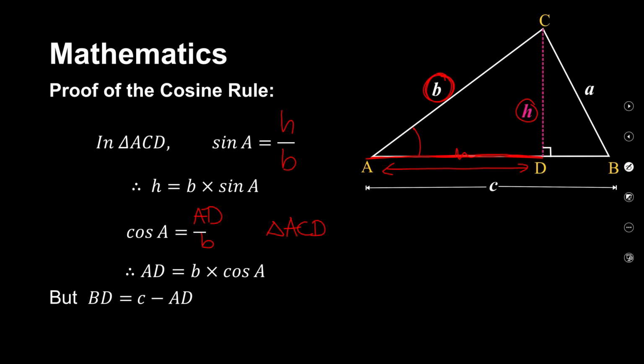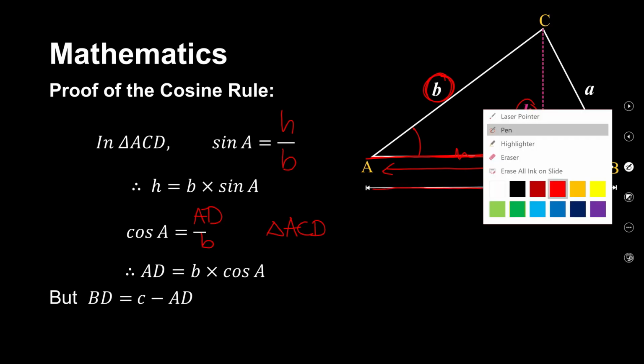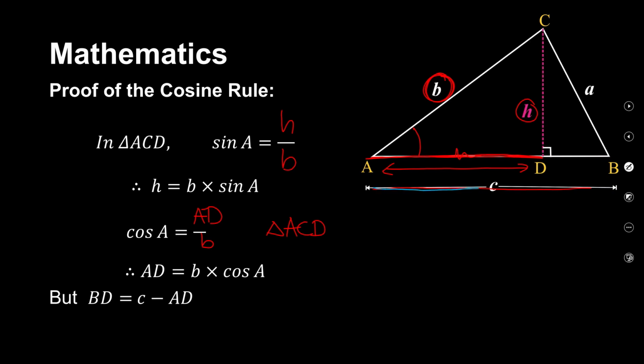But we have to realize something. If I need to find an expression for BD, because this whole piece here is C, if I wanted to write BD in terms of C, this little piece from here to here will basically be C minus AD.